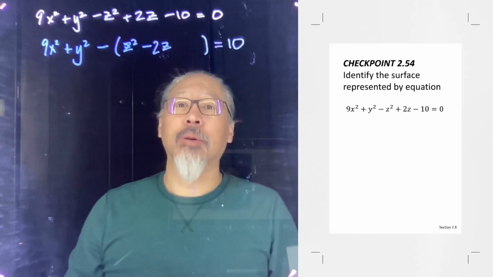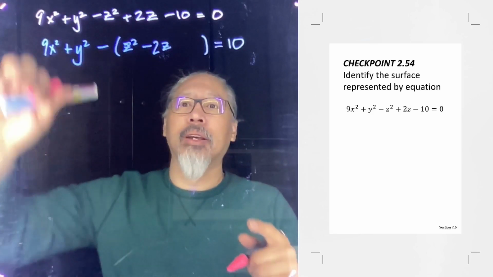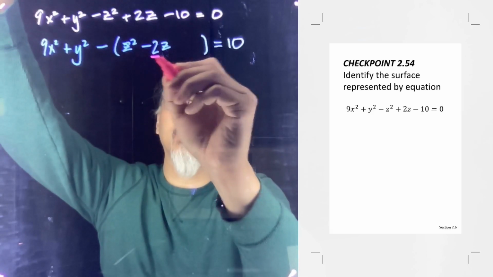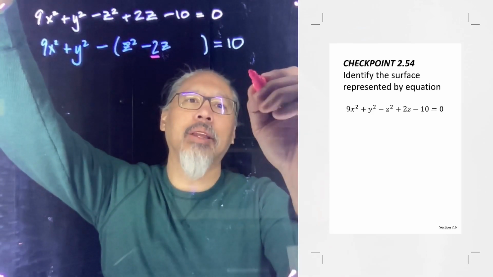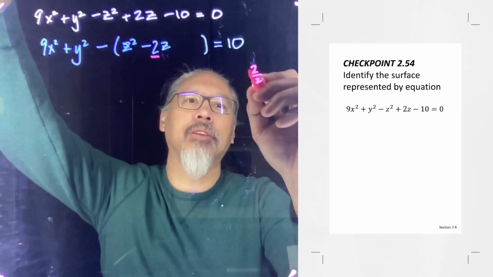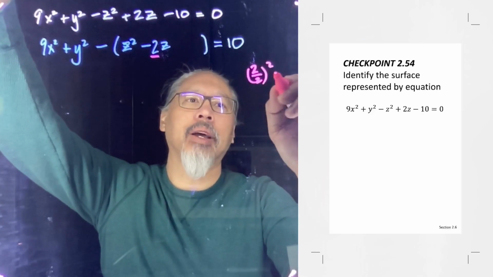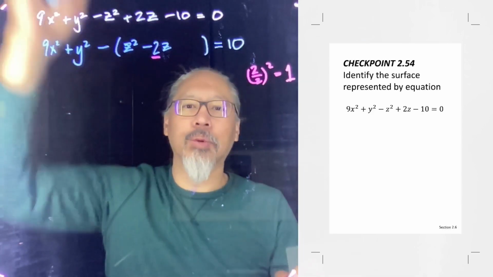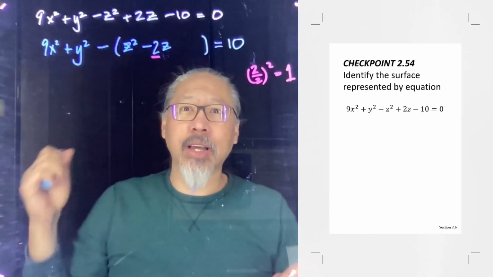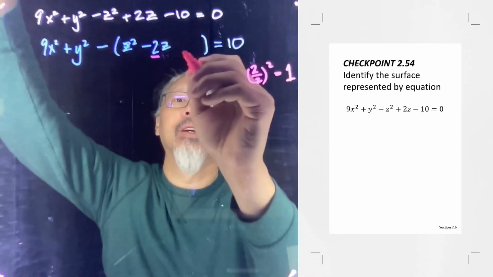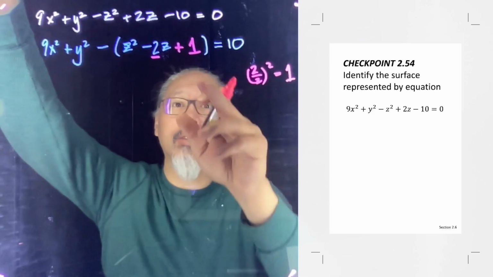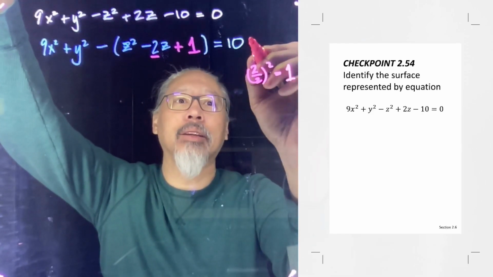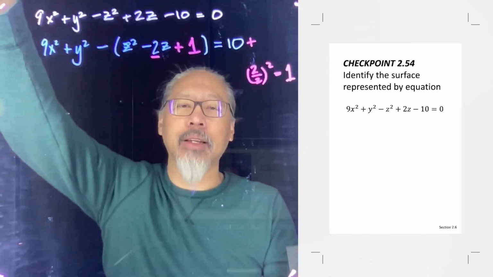Now, what are we going to add inside? In order to complete the square, we take a look at the middle term, which is 2. We'll divide it by 2, cut it in half, and then square that, and we get 1. So 1 is the number that we're going to add inside. But we have to be careful what we're actually adding on the other side.